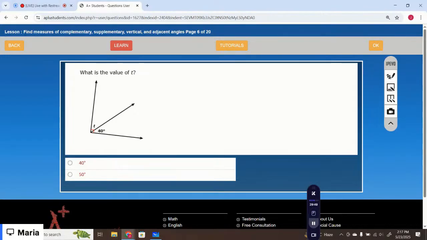So 50 degrees plus 40 degrees is 90 degrees. That is 50 degrees.